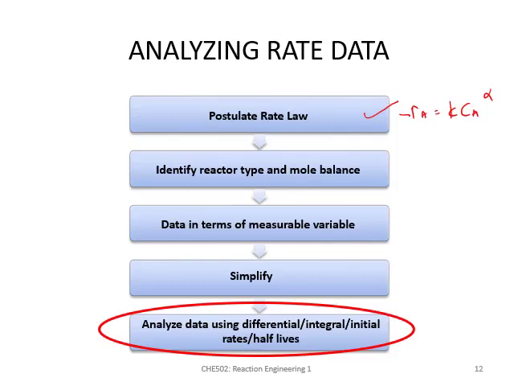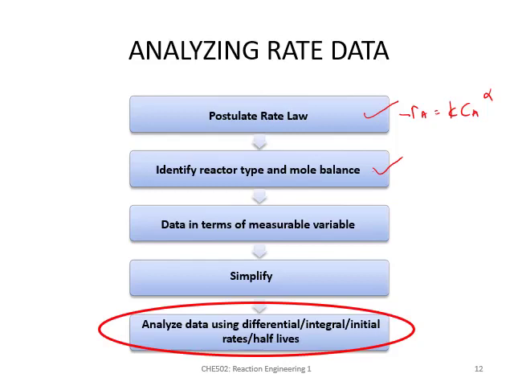Number 2, identify the reactor type and mole balance, because the mole balance depends on the reactor type. The simplest reactor is the batch reactor. So in our subtopic here, we are referring to the batch reactor, although you may also determine rate law using a CSTR.